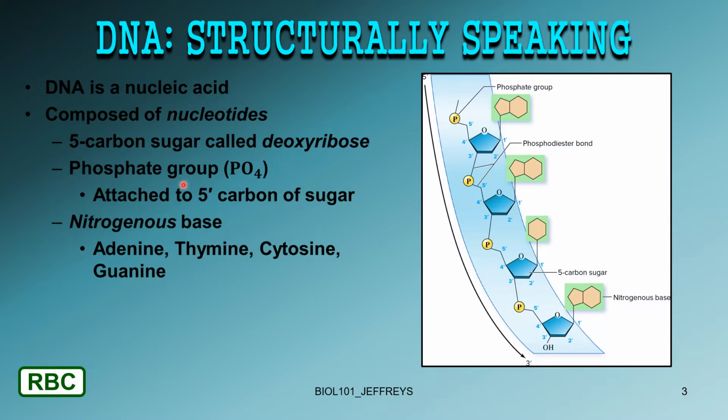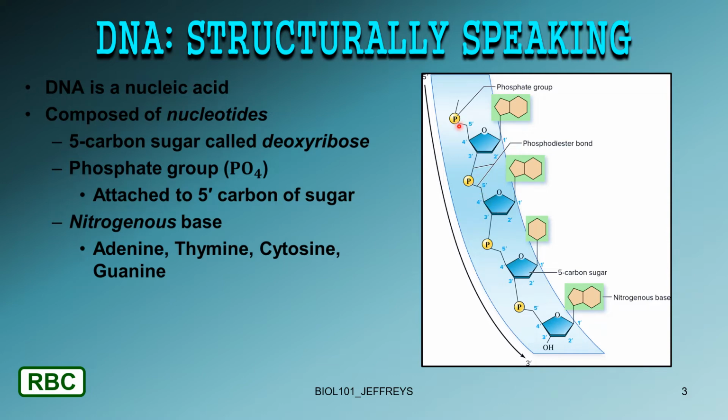There's a phosphate group in there, PO4, and the phosphate group is attached to the 5' carbon of the pentose sugar, and then there's a nitrogenous base, either A, T, C, or G, and you can see that over here. Now, as I mentioned in the first part, we have these phosphodiester bonds that are linking the sugars of adjacent bases via that phosphate group.